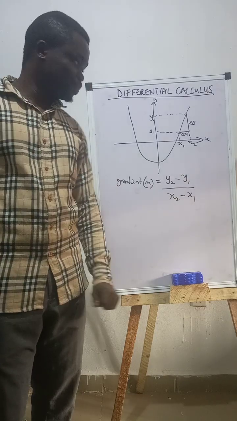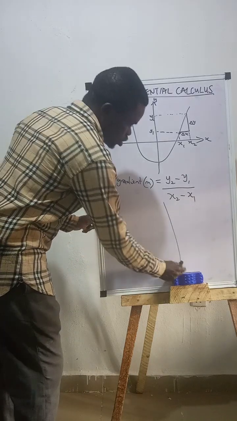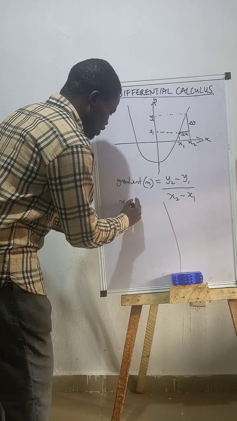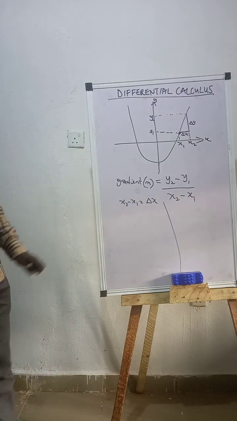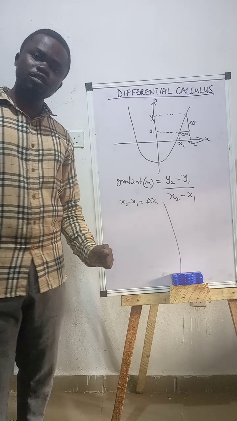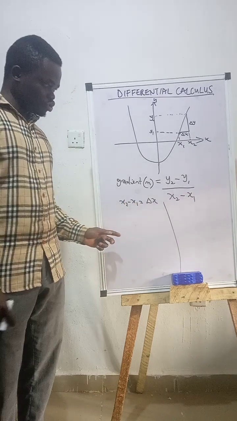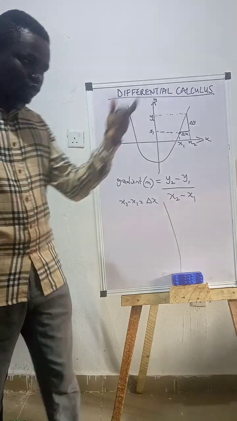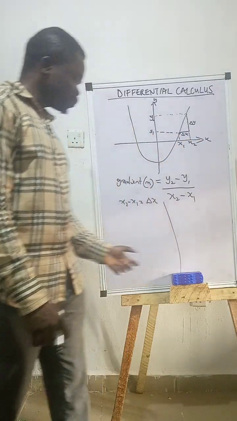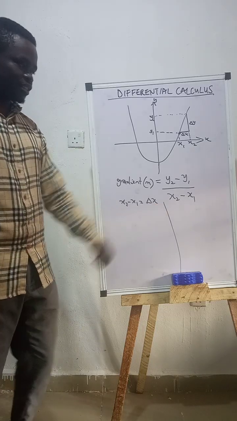And we also know that x2 minus x1 is the same thing as change in x. So we are learning differential calculus from first principles, so you understand how it came about, before the general formula. So from first principles, x2 minus x1 is equal to change in x.